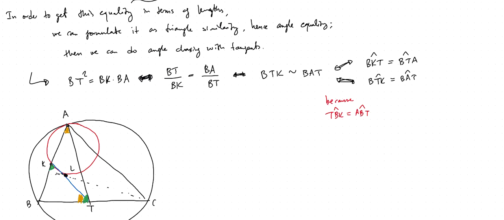I am doing it in terms of tangency of circles and power. But if you look at the inside of this, how is power equality proven? It's proven, again, with triangle similarity and angle chasing. So ultimately, this is already the inside of that argument. It's just the same argument covered up in a different disguise.